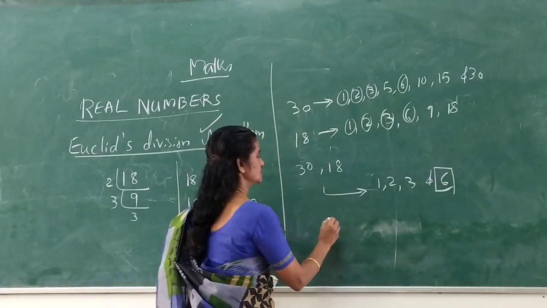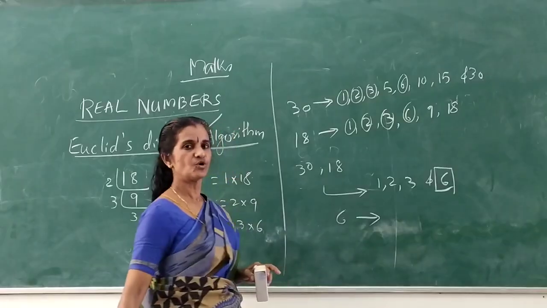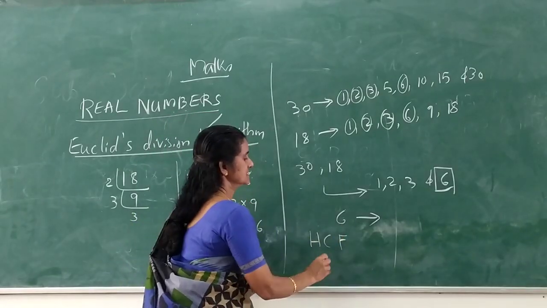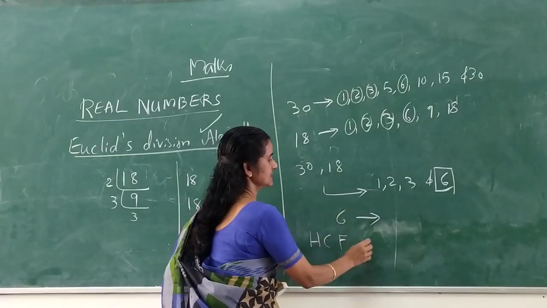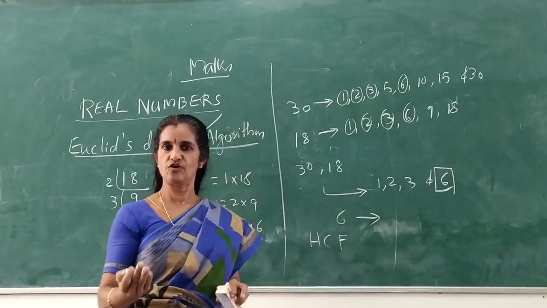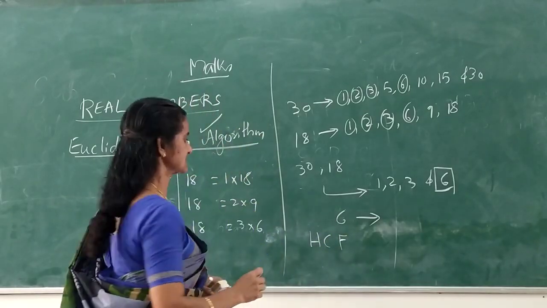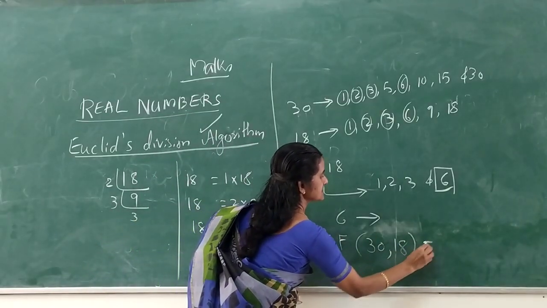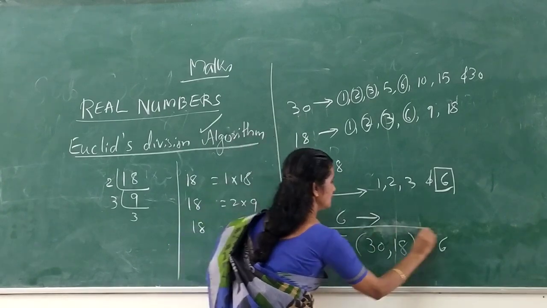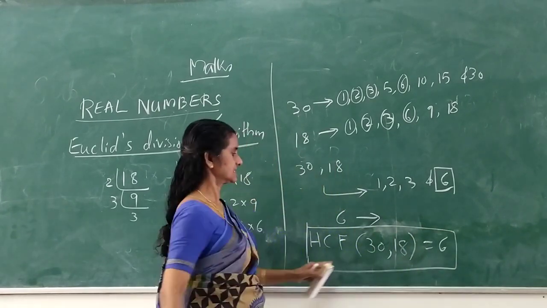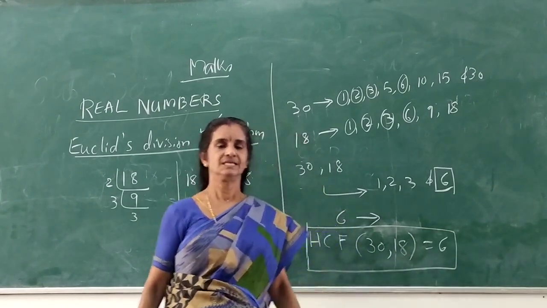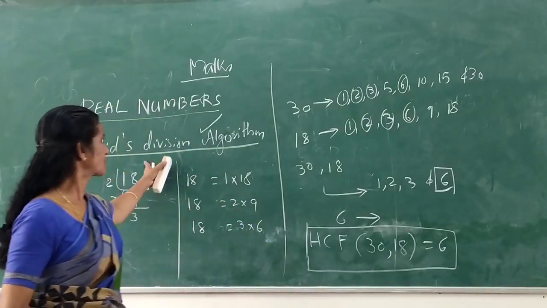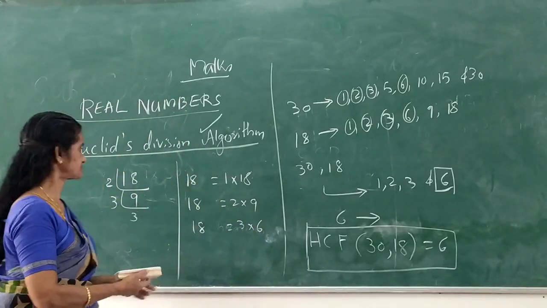So 6 is the highest common factor, HCF. Therefore, HCF of 30 and 18 is equal to 6. This is the factorization method. Now let us see what is Euclid's division algorithm.